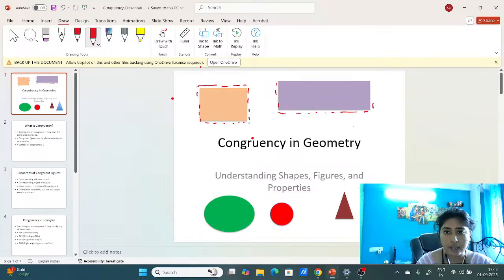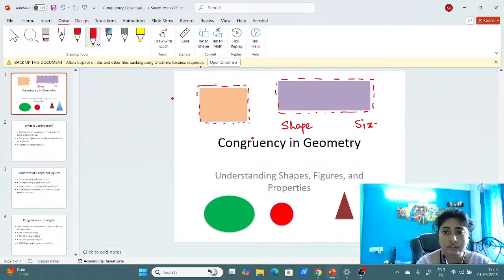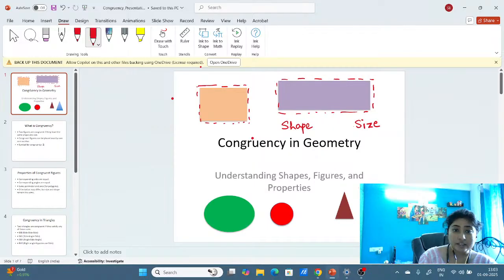Do they have same size? Do they have same shapes? What about their shapes and size? I think your answer will be, ma'am, they have same shape but their sizes are not same. So they are of different size.